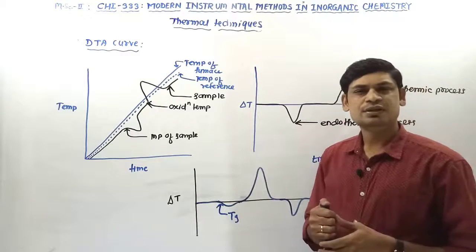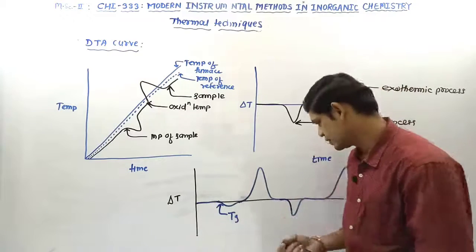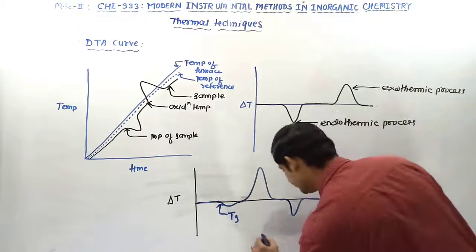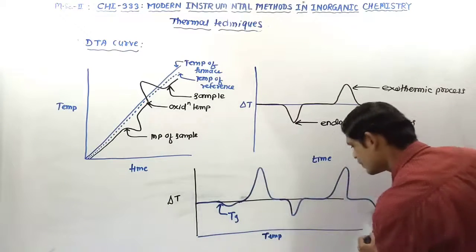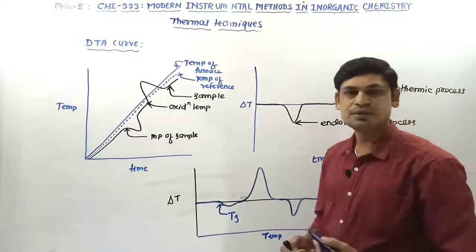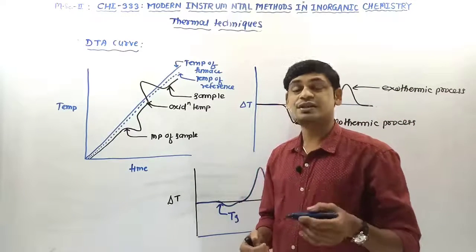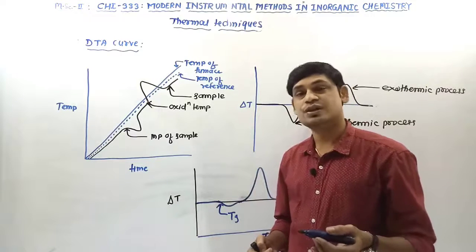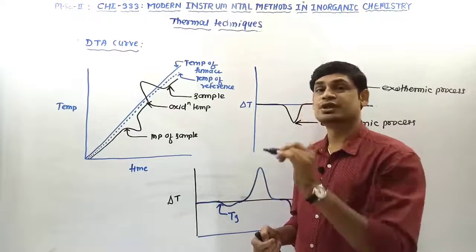After that, what happened? Again, if we increase the heat, what happens? Crystallization takes place. And crystallization is an exothermic process. In an exothermic process, we will get an upward curve.